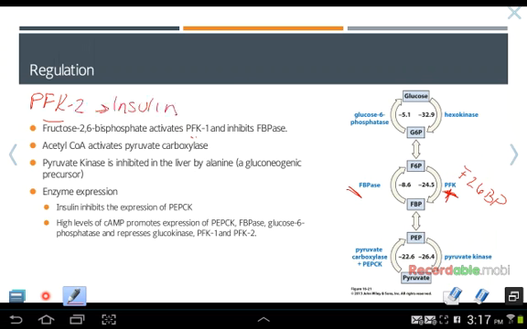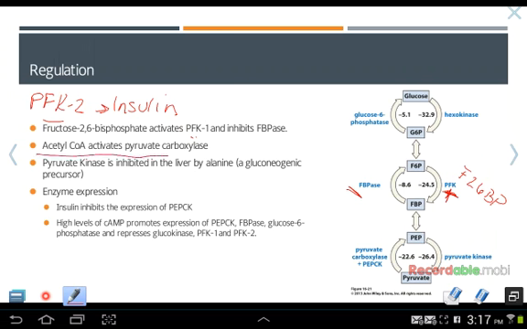Insulin is released when there's high blood glucose. So if there's high blood glucose, we want to increase glycolysis while decreasing gluconeogenesis, because why do we need to make glucose if we already have high glucose levels?